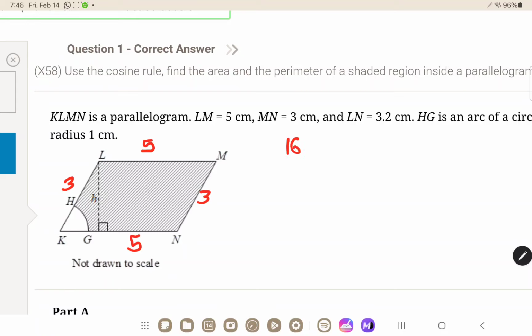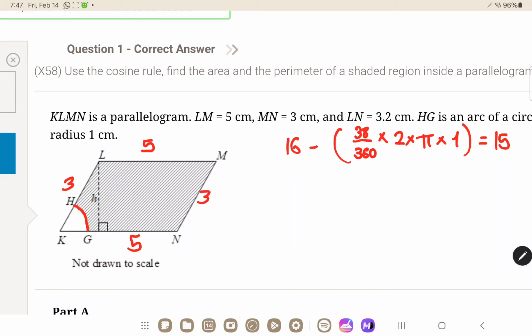Now, the perimeter of an arc is theta over 360, so the angle over 360, times 2 pi r, which is 1 here. Now put all that in your calculator. You're gonna get equal to 15, or not 15 exactly. Let me tell you the decimal.